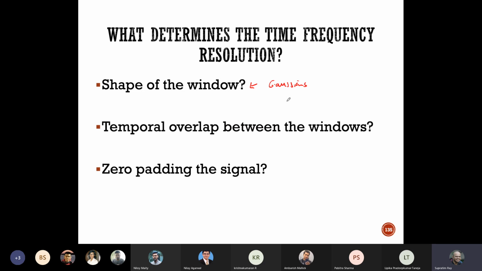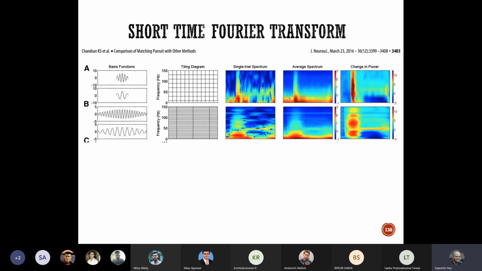Filter design is a course in itself, so I'm not getting into too much detail here. I'm just saying that different windows will have different properties on how they represent the signal, and you choose a window depending on how you want to represent yours.